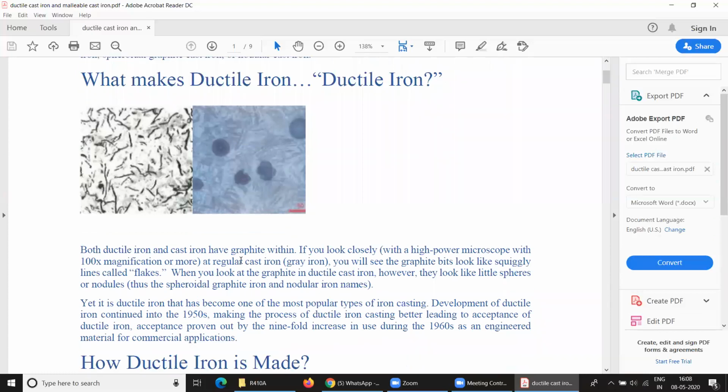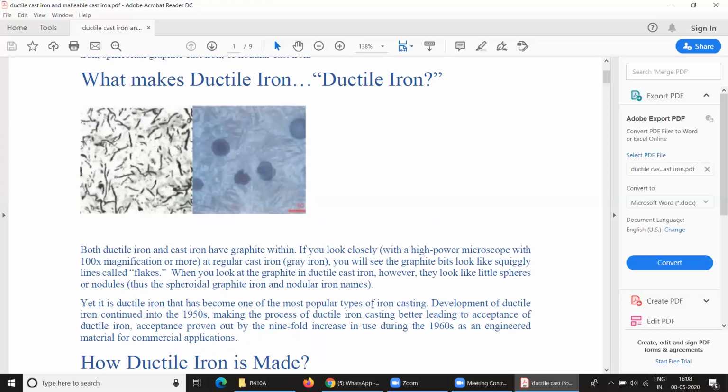Here are both gray cast iron and ductile cast iron. This is a microstructure of a gray cast iron where you can see the graphite flakes, and here you can see the nodules of the graphite.